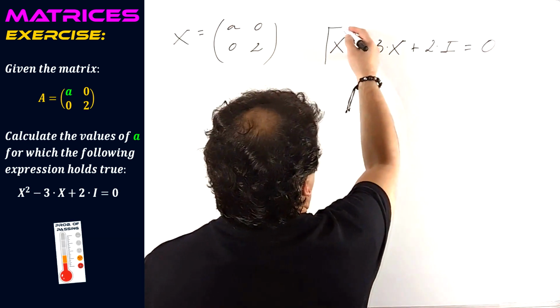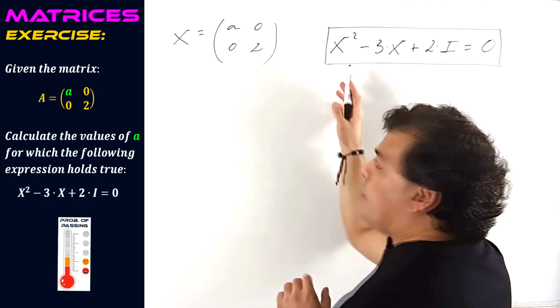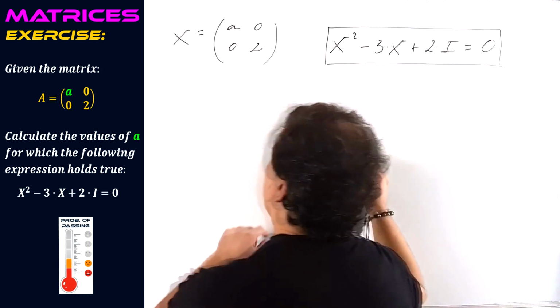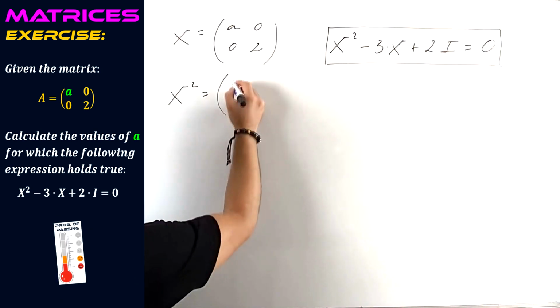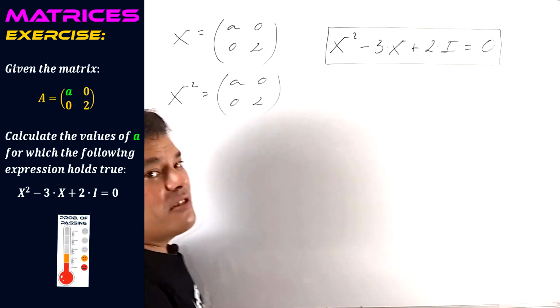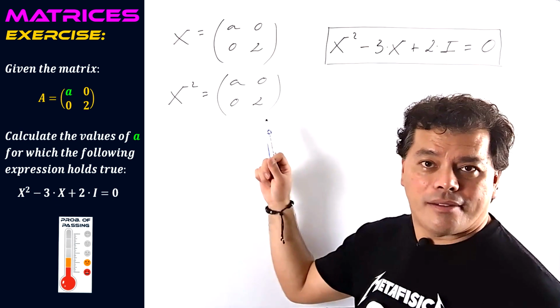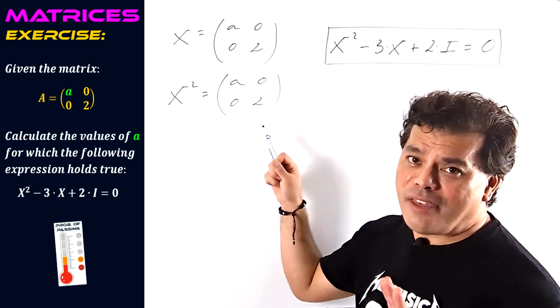The first thing we have to consider is how to calculate X squared. We need to square this matrix, and I wish it would be as simple as squaring the 4 positions you can see there inside. I'm afraid it would be a very big mistake. Be careful with that.